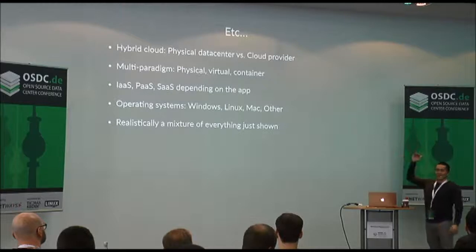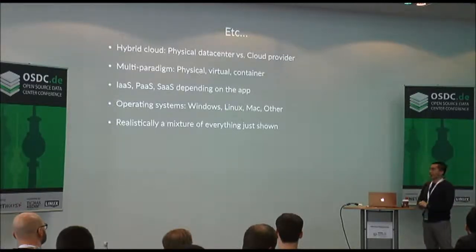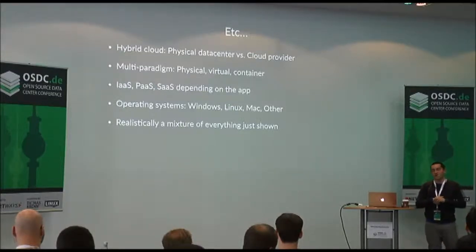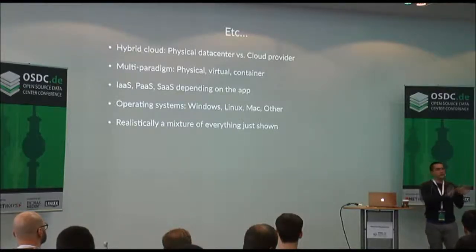Nigel had a bunch of IT analyst quotes up here. I wish I had an analyst quote up here, but I remember reading in an analyst report that one of them, Forrester or Gartner, expects the Fortune 500 in the US to complete their virtualization transition this year.